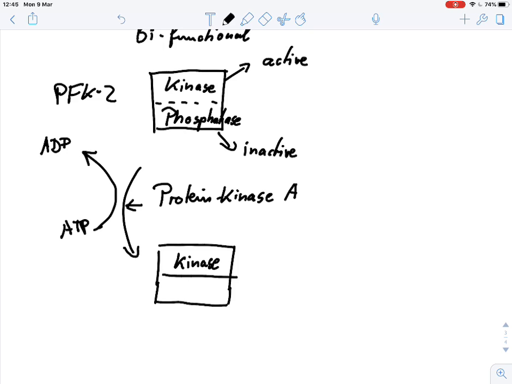It actually adds a phosphate group to the enzyme. And now it changes the behavior. Phosphate group is negatively charged. It induces a conformational change in the enzyme. It makes the kinase inactive and the phosphatase active. So just simply by adding a phosphate, we reverse the properties of PFK2.